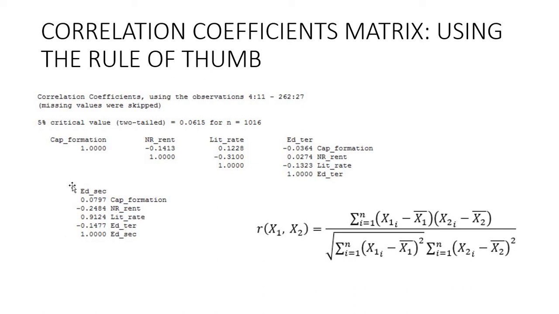It's 0.91, which makes a lot of sense. Analogously, there is for some reason a negative correlation between secondary and tertiary education, and so on and so forth.